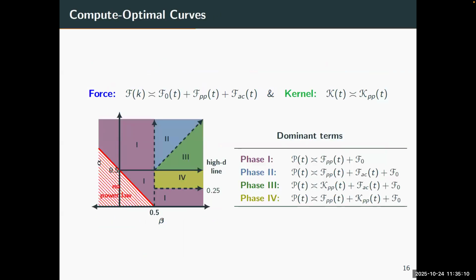So what you show, which I think is really cool, is that you get a phase diagram for different alphas and betas. So if you're in alpha and beta in this region 1, your loss curve is just the pure spikes plus the point mass at 0. So these are compute curves that just go down and they stop.